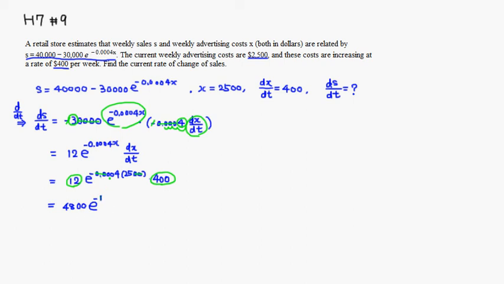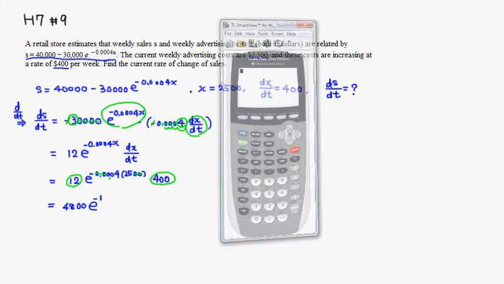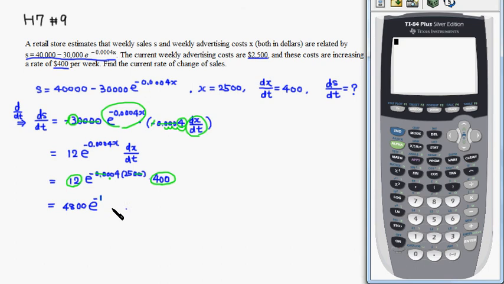So you bring out the calculator. This is 4800 divided by e, so 4800 multiplied by e to the negative 1, using the exponential function on the calculator.